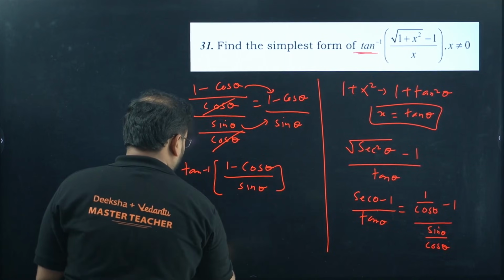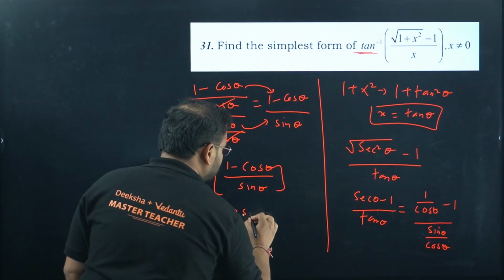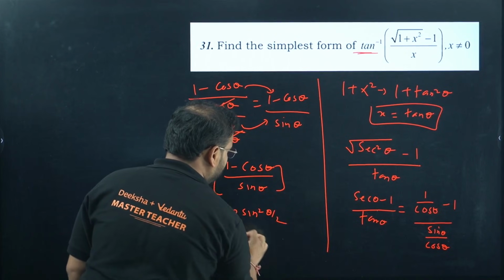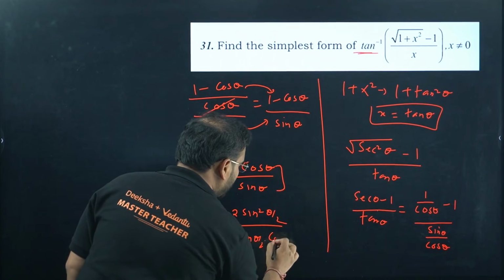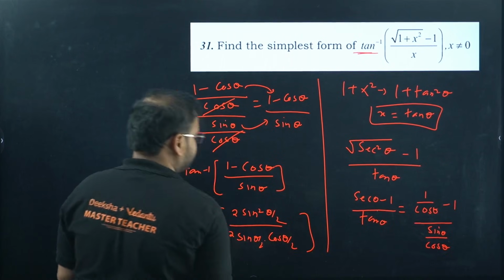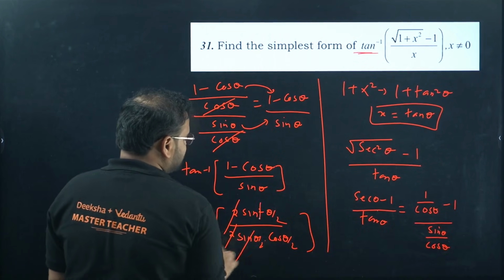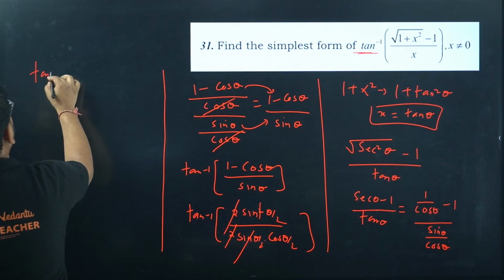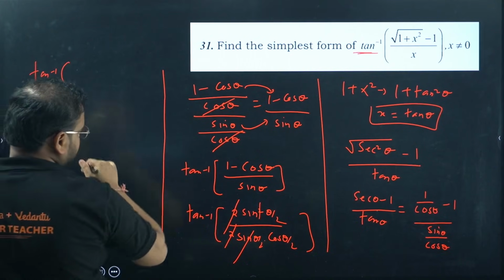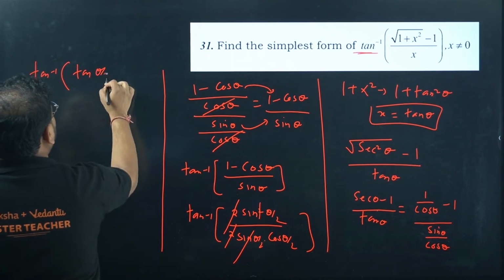Now again use the formulas of half angle. This will become 2 sin square theta by 2, and this will become 2 sin theta by 2 cos theta by 2. Check here, 2 and 2 is cancelled. One sin is cancelled with one of the sin in the numerator, and I have tan inverse of, one sin is left over here, one cos is left over here, tan theta by 2.